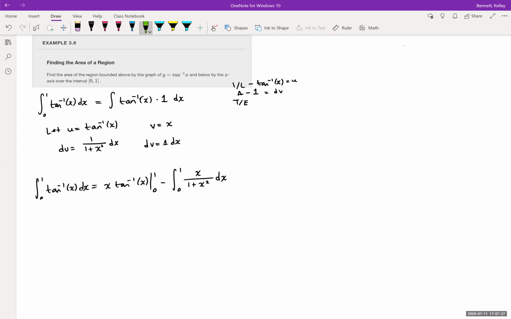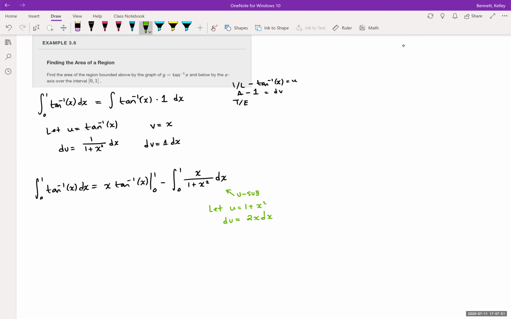So just a quick little aside. So this is a u sub. I know that x dx is that derivative pair with 1 plus x squared. So if I let u equal 1 plus x squared, then du will be 2x dx.